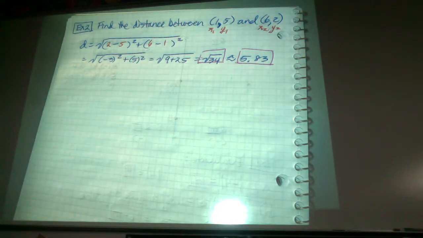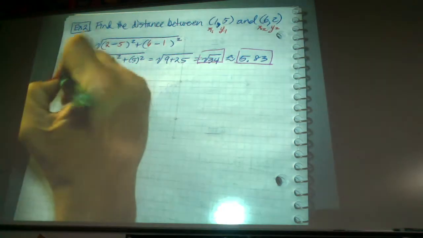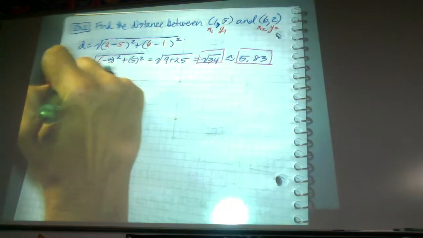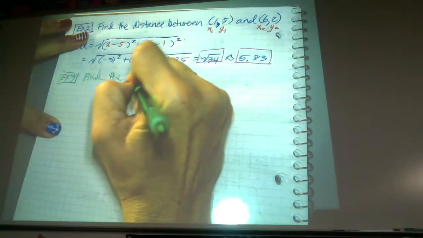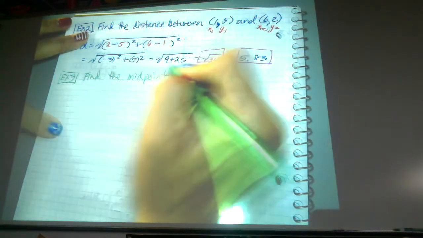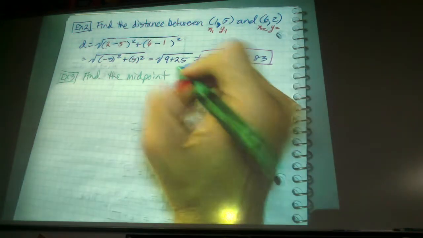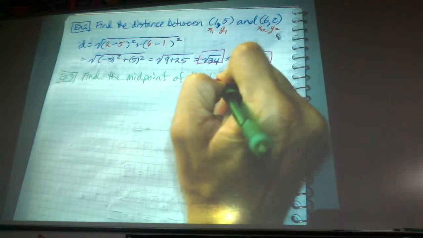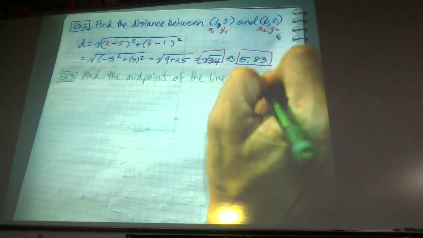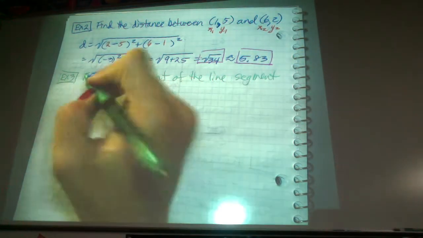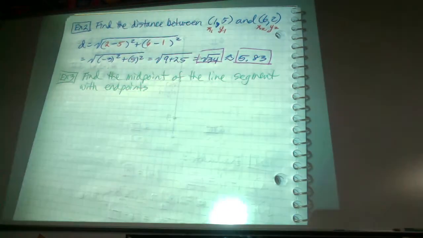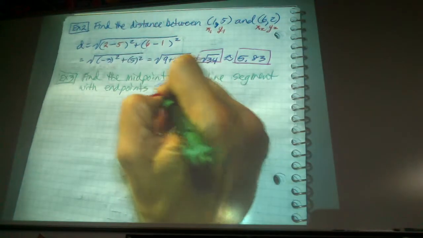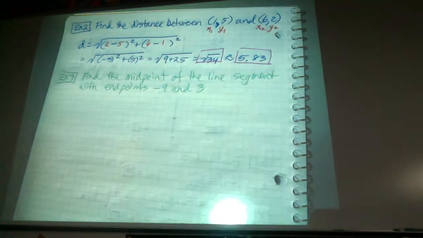All right. Example 3. Find the midpoint of the line segment with endpoints -9 and +3 on a number line.